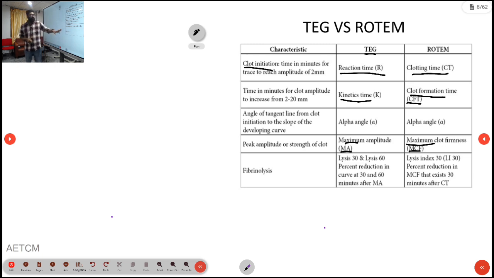That is mainly mentioned in TEG, but there is another entity called the lysis index. Lysis index is the percentage reduction in the maximum clot firmness that exists 30 minutes after the clotting time. So it is starting from the initial aspect. I will explain in the next diagram what the difference is between LY30 and LI30.